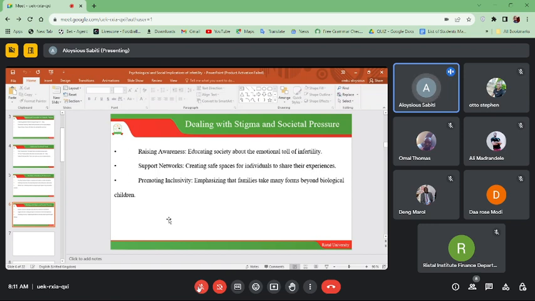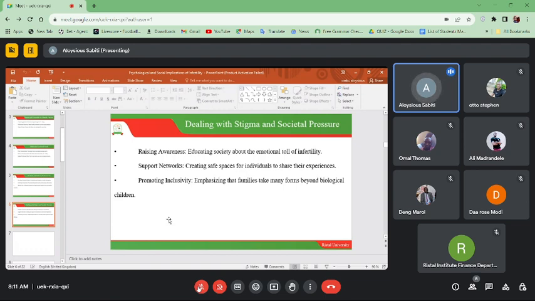Then thirdly, you should be able to offer education to the society about how, for those who are now permanently infertile or for those who are chronic now, you should offer the society information that stigmatizing these individuals has an emotional toll on them.